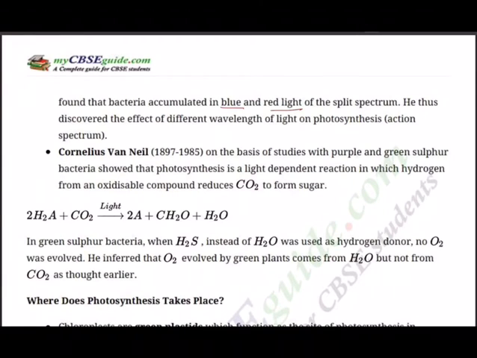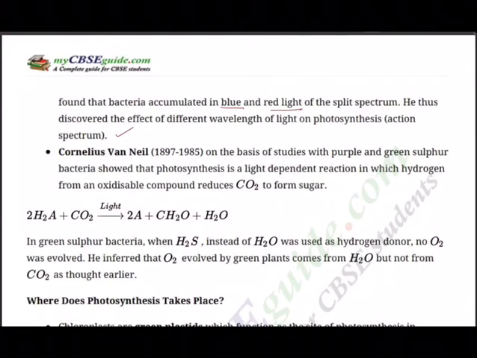He thus discovered the effect of different wavelength of light on photosynthesis, the action spectrum. This is what exactly I am telling. You also do it in your own home and see under which light the plants grow very nicely. Then you will come to know which is the most suitable spectrum of the light under which the plants will survive.